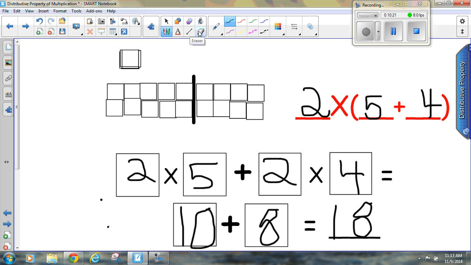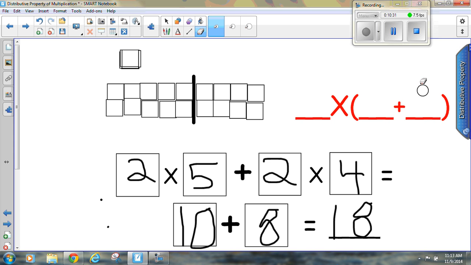All right. Let's try another one. I want you to try this with me. Get these erased really quickly. Lots of numbers to erase here.